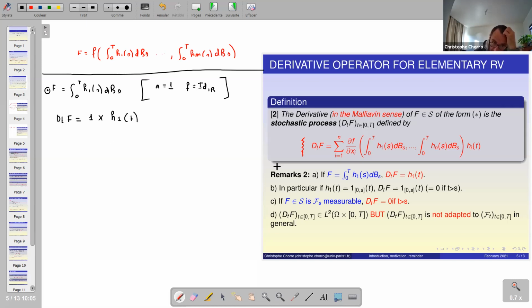Okay, so it's exactly what I have written here. That is a consequence of this formula. And typically, okay, we see that the derivative of a Wiener integral is the integrand, that is what I have inside the Wiener integral. And keep in mind that the derivative operator I want to define today, I want it to have some nice property with respect to the Ito integral.